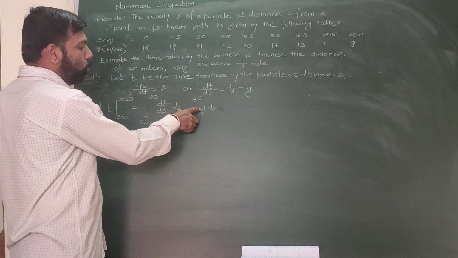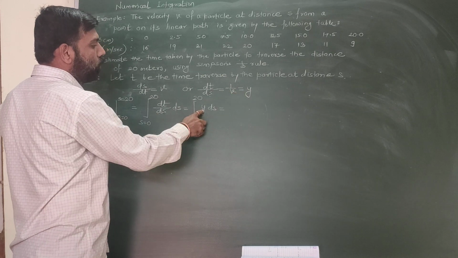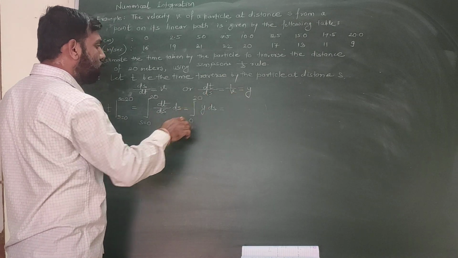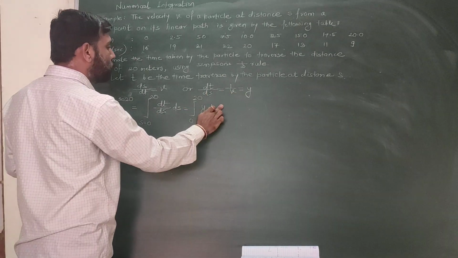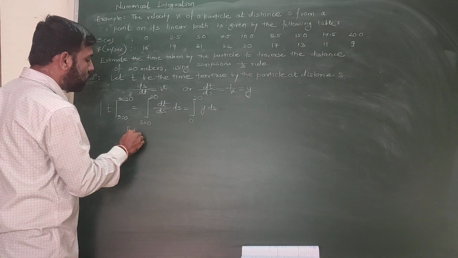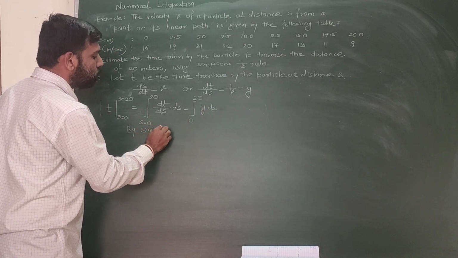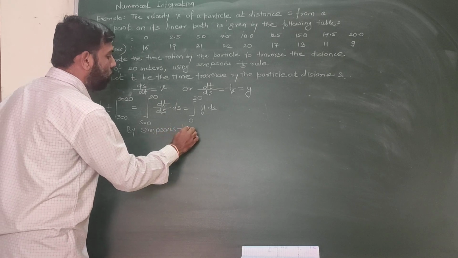Dt by ds is 1 upon v, and 1 upon v is nothing but y ds. Now we'll write down this expression by using Simpson's 1/3 rule.